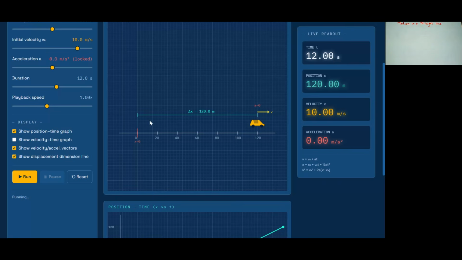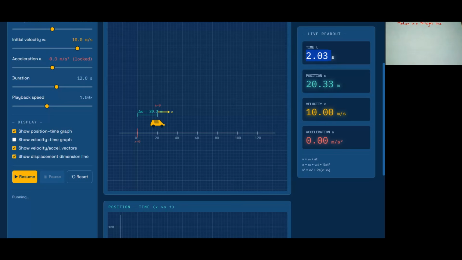So exactly 10 meters for every 1 second. For 2 seconds, 20 meters. For 3 seconds, 30 meters. Like that. Clear? You can see that for the time 2.03, position 20.33.